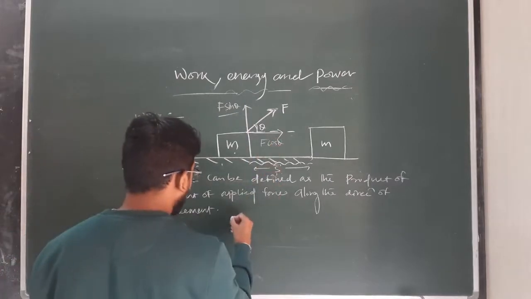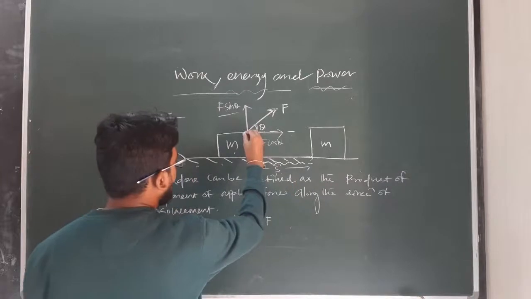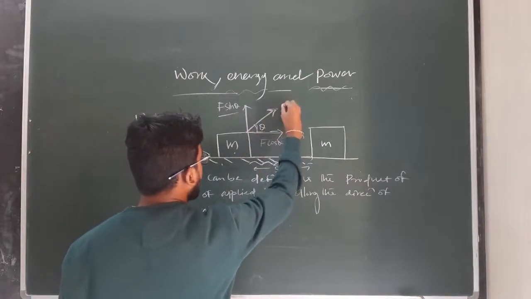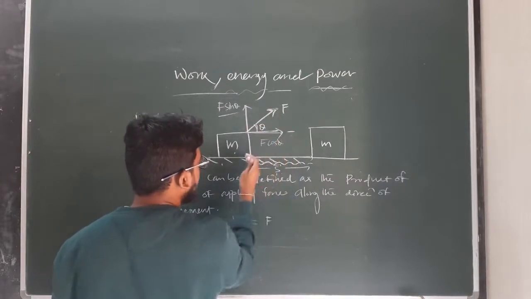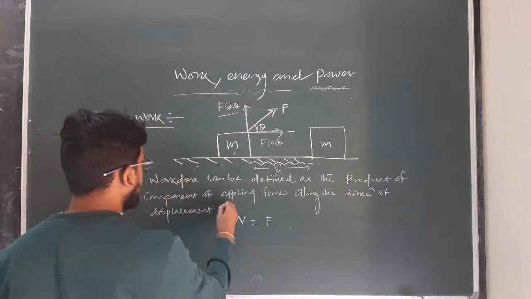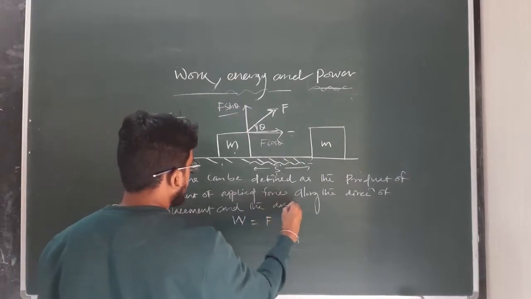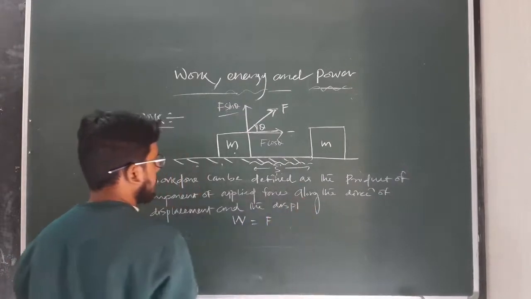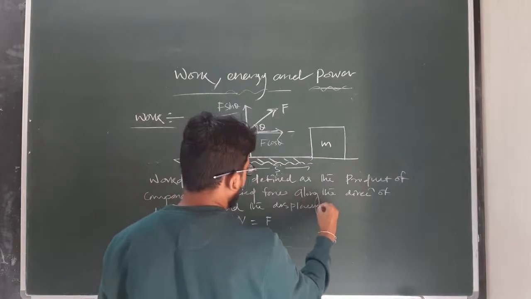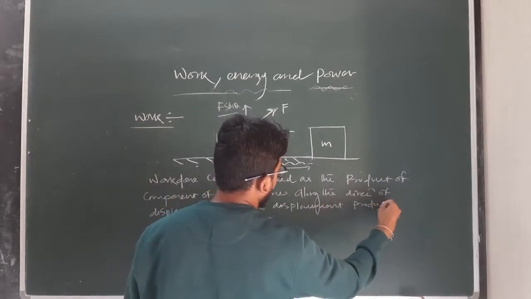Like here W is defined as the product of component of applied force. This is the applied force F and this is the component of applied force along the direction of displacement, and the displacement produced.